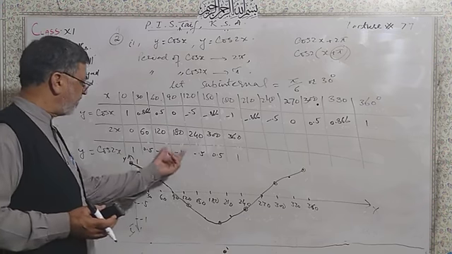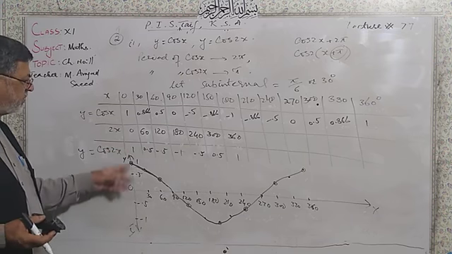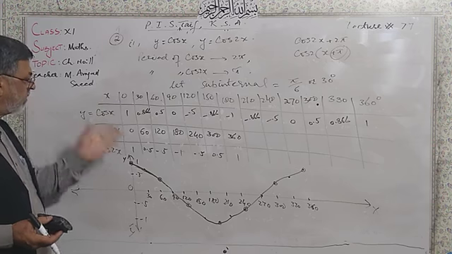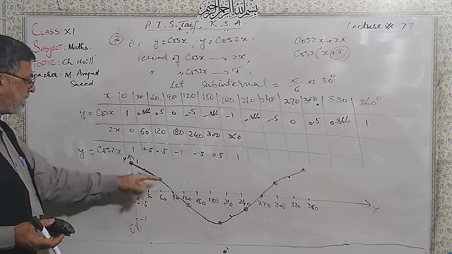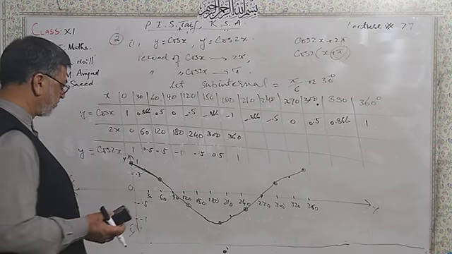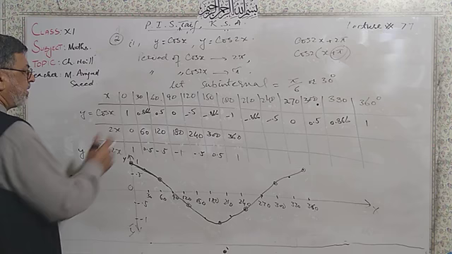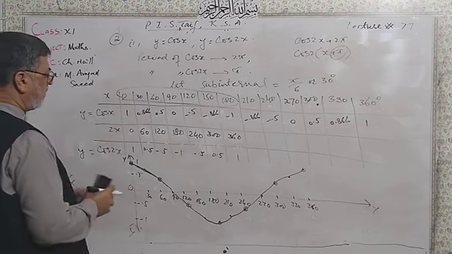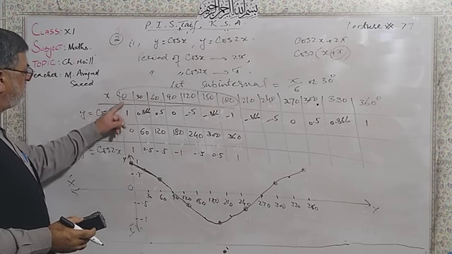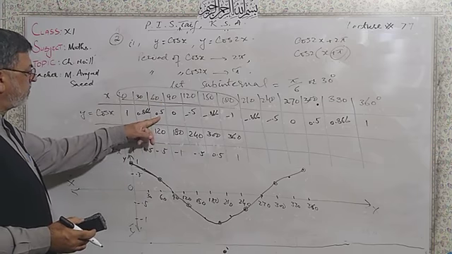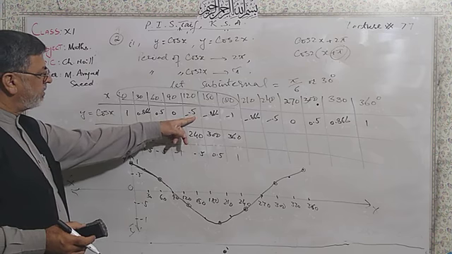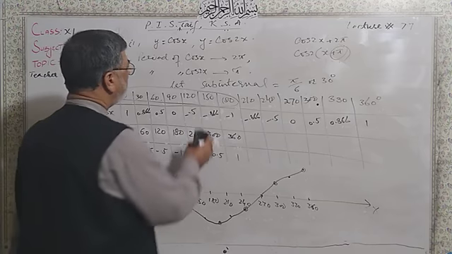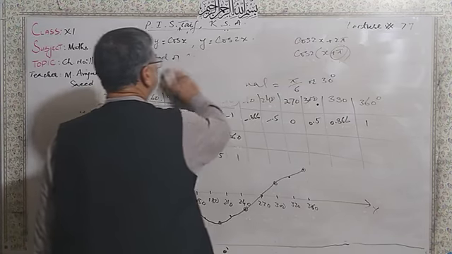But only the gap between the values will be double. This was a 30-degree gap and here is a 60-degree gap. And if we consider these values, then again we can have 1 and 0.5 and 120, that one is the same. I hope that you understood this question.